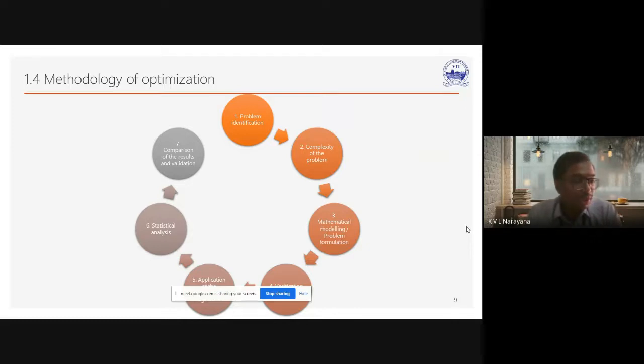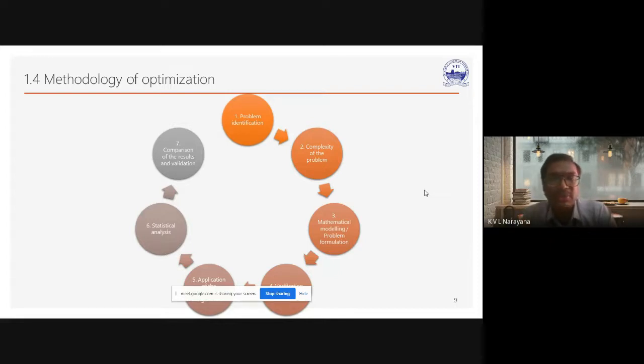And then the fifth step is verification. The mathematical model, whatever we formulate, must be verified properly. By giving known inputs, we have to check the outputs of the mathematical model. For the known inputs, whether we are getting the proper outputs or not, we have to check. The mathematical model is nothing but the formulation of the fitness function.